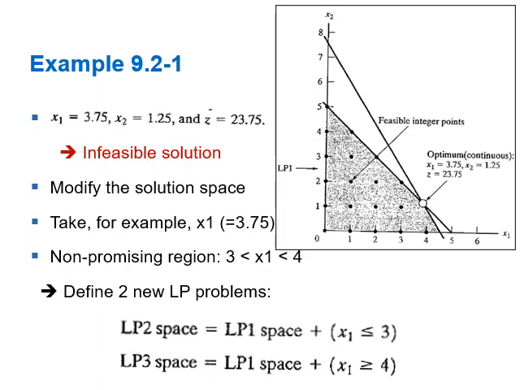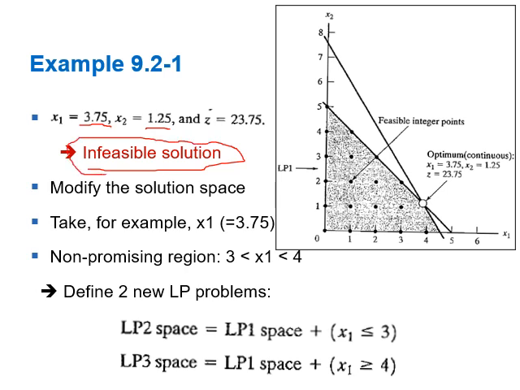After solving the relaxed problem, now we need to look at that solution and make a decision. Look, the values of the decision variables x1 and x2 are non-integer. So we cannot use this solution as an optimal solution for our integer problem. It's infeasible for the original problem.